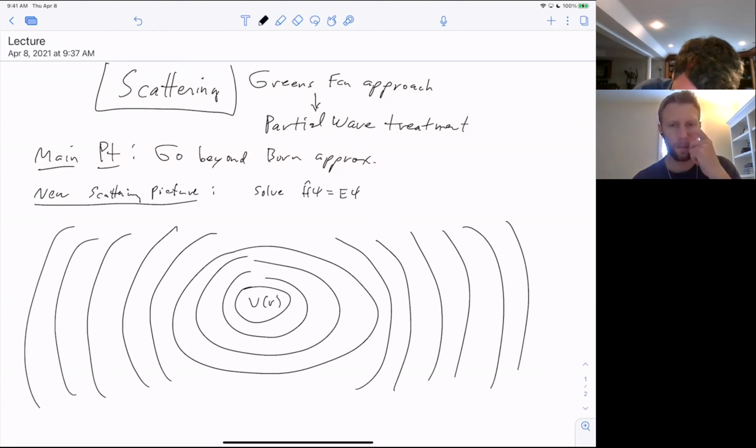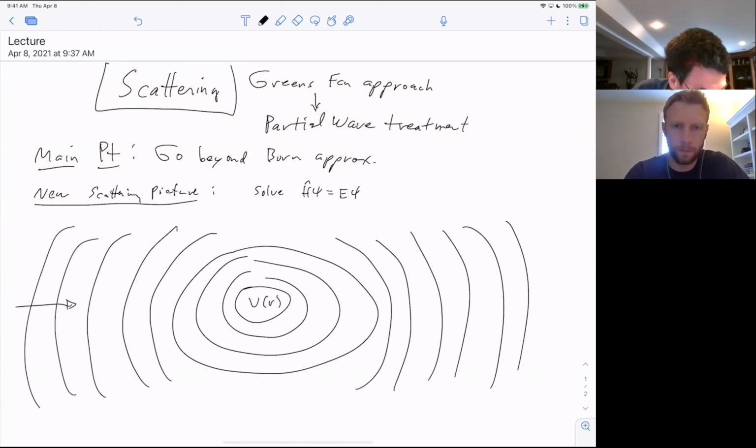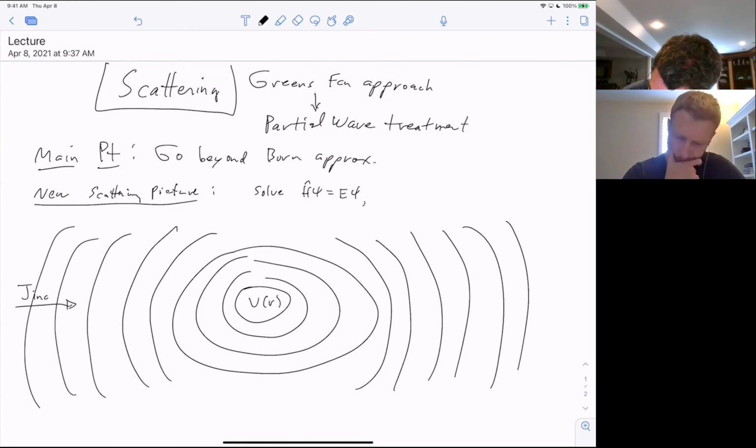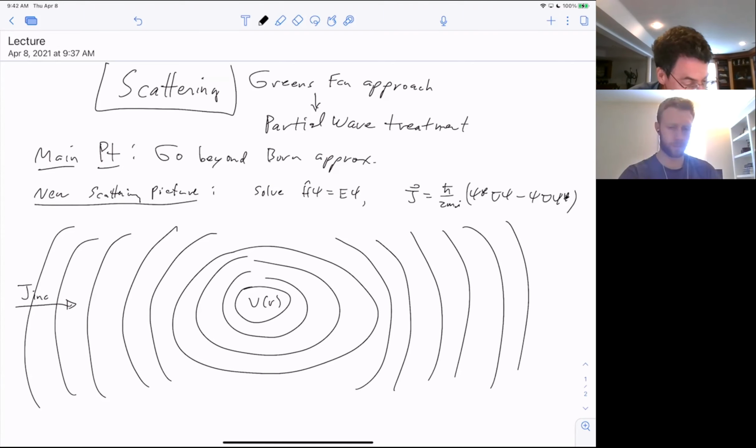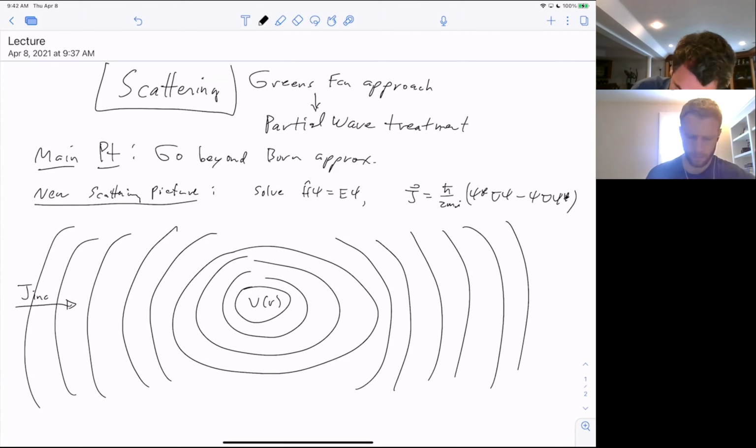And then here, we see that far away, we can define our J incident, where J is the probability current, our old friend from last semester, this weird formula that suddenly has become really important. And we can calculate our probability current far away just by plugging into that formula.